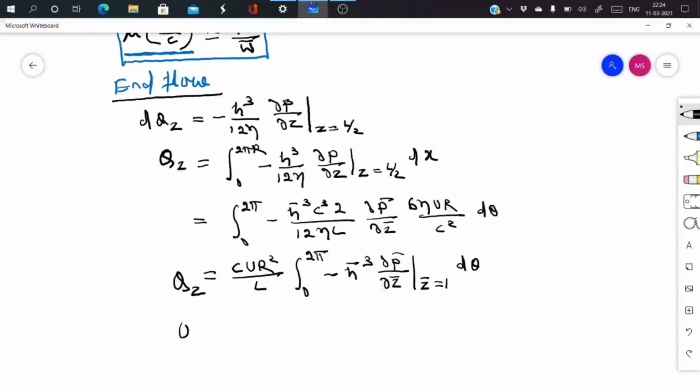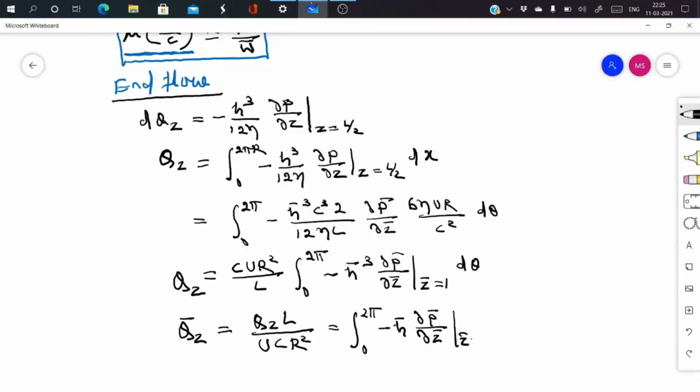If you want to get the non-dimensional quantity of it, q bar equal to qz L by u c r square equal to integral 0 to 2 pi of minus h bar del p bar upon del z at z bar equal to 1 d theta.